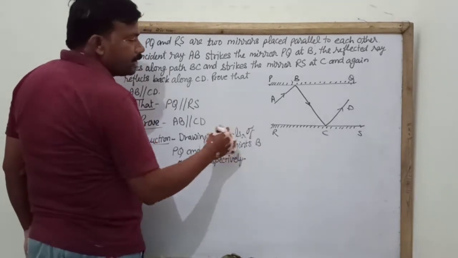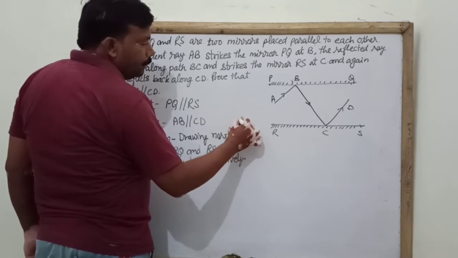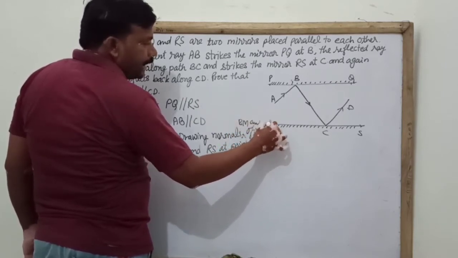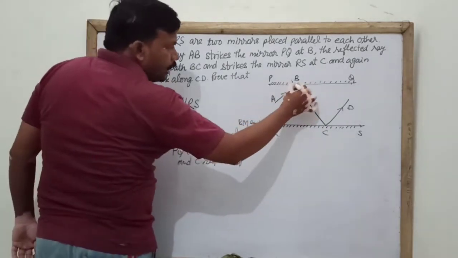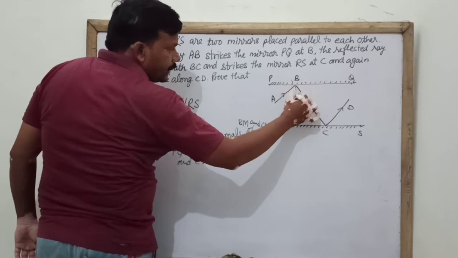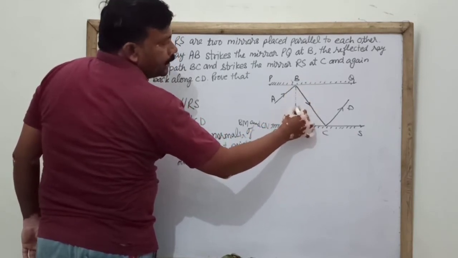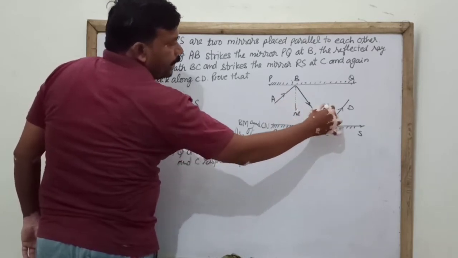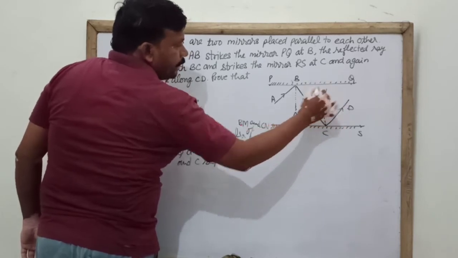What are the normals we have not written here? Means we can write here BM and CN. These two normals we can draw here. Normal is that which is perpendicular to the surface at any point. That is called normal. So BM and this is another normal CN.